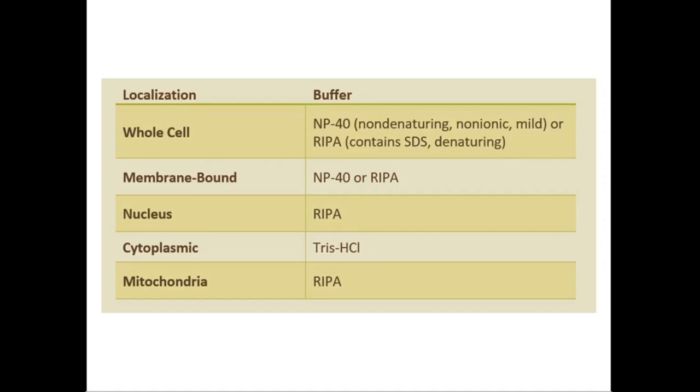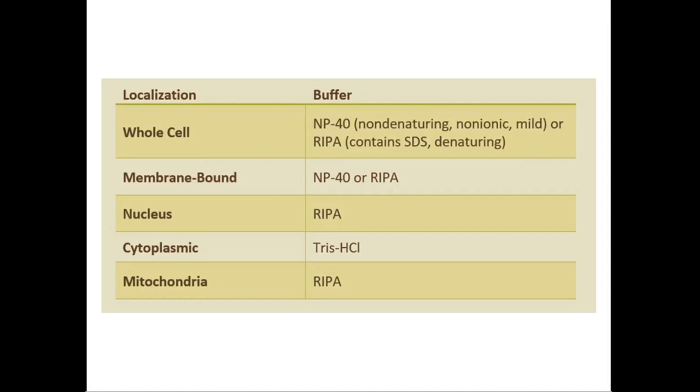The cytoskeleton will be intact because it is very mild and it is a non-ionic detergent. And this is very much ideal for whole cell lysates, and it is sometimes used for membrane bound proteins.